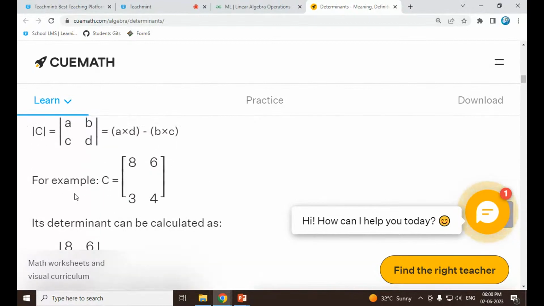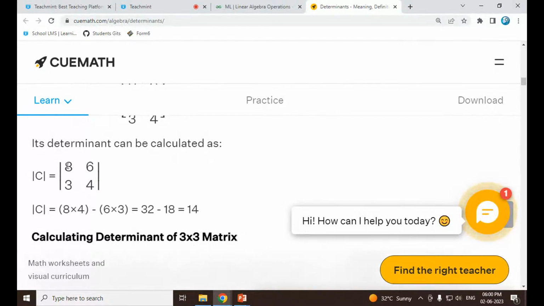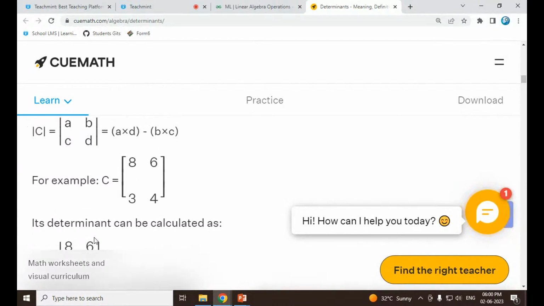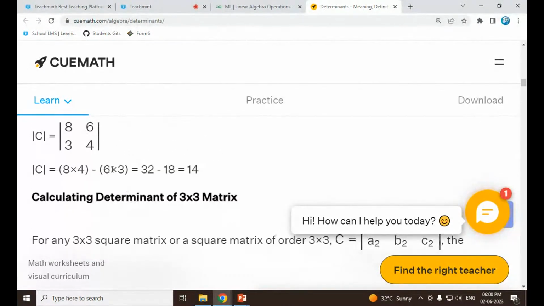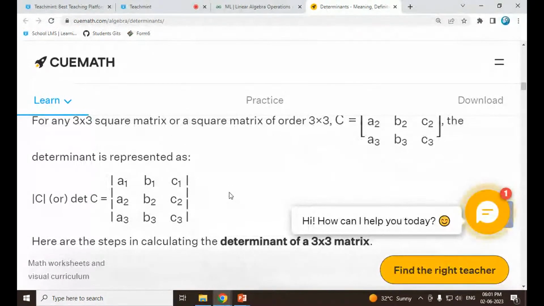Here is a real example: 8, 6, 3, 4. You multiply 8 into 4 and 6 into 3, and subtract them. 32 minus 18 is 14.